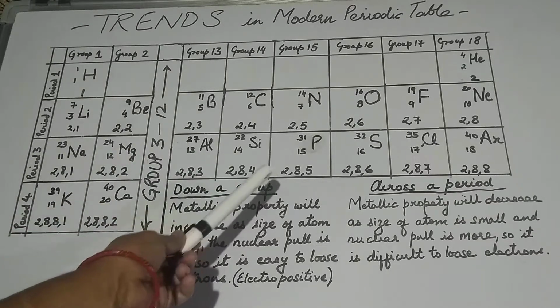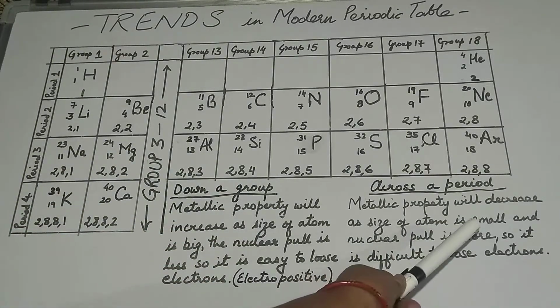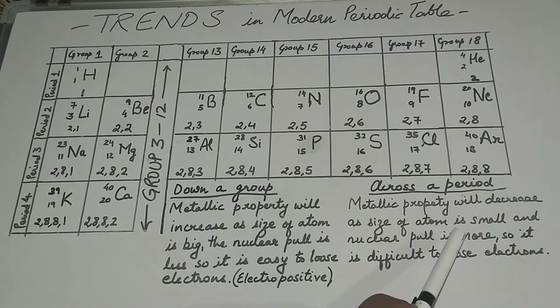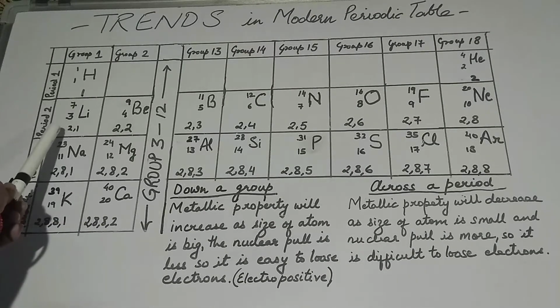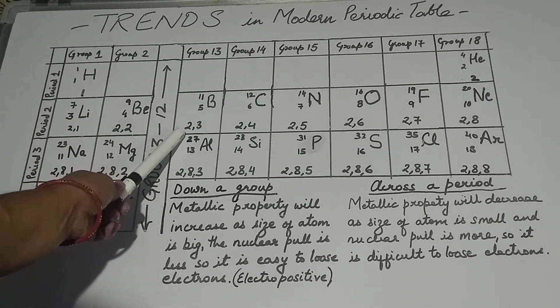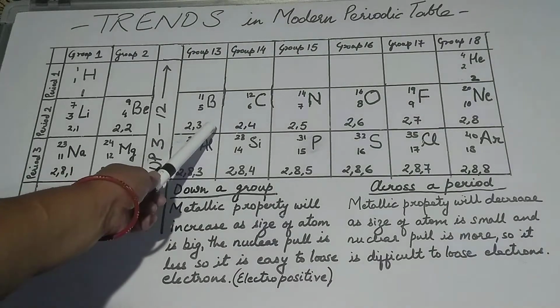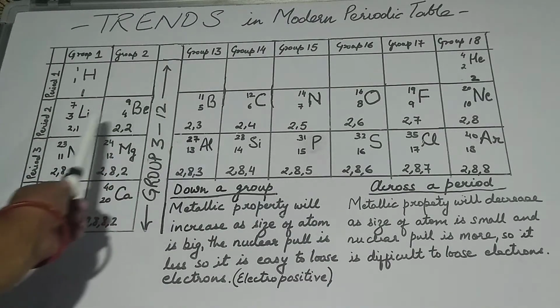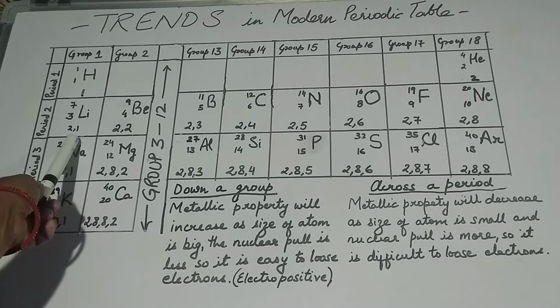Moving across, the metallic property is going to decrease because the size of the atom has become small. Just now we discussed, the nuclear pull has become more. Nuclear pull becomes more, size of the atom becomes less. So it becomes difficult for the atom to lose electrons, which means that if we are comparing lithium and boron, it's going to be difficult for boron to lose electrons as compared to lithium, right?